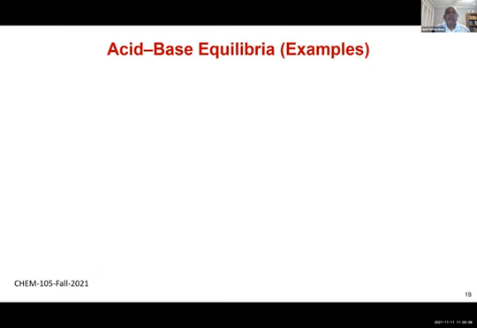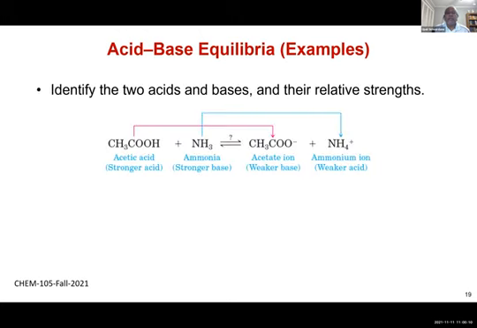For example, if you look at the table, ammonium is a weaker acid. Acetic acid is stronger. So therefore, the reaction goes by proton transfer from acetic acid to ammonia to produce ammonium ion.